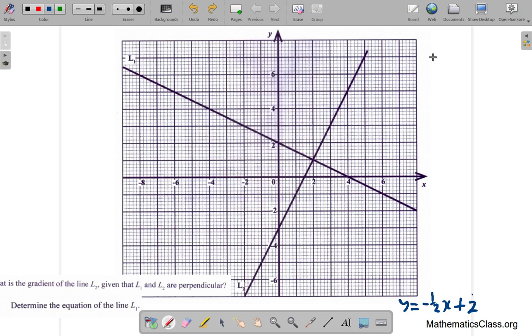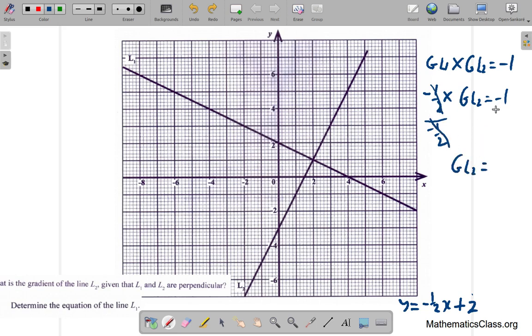So the gradient of L1, let's call it GL1, multiplied by the gradient of L2 is equal to negative 1. Now they want the gradient of L2. We know the gradient of L1 is negative half. So negative a half multiplied by the gradient of L2 gives negative 1. You must divide by a negative half, so the gradient of L2 equals negative 1 over negative half.